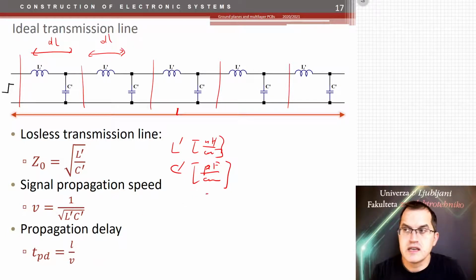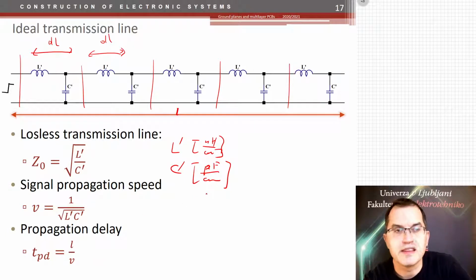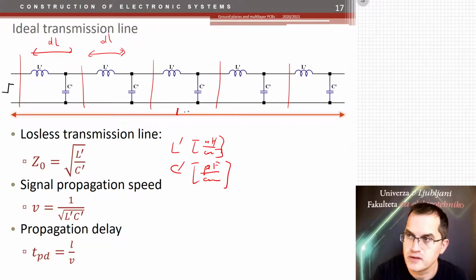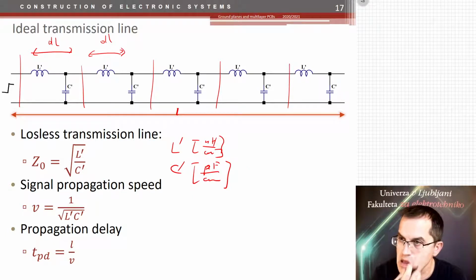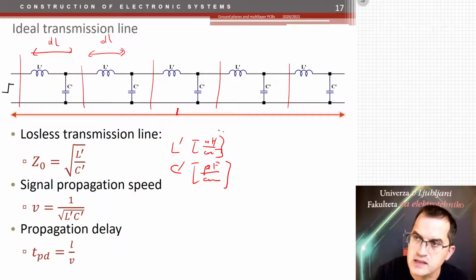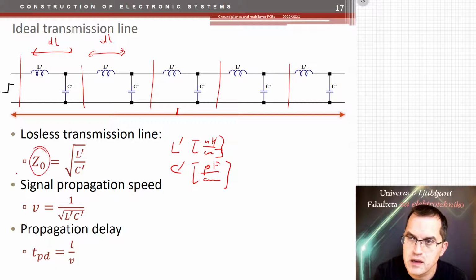Now, more or less, these are represented by the dimensions of the track. So let's say a track has a certain width, thickness of copper, dielectric constants, and so on, and all that is then influencing the impedance and the speed.